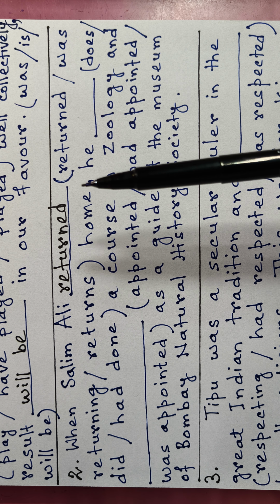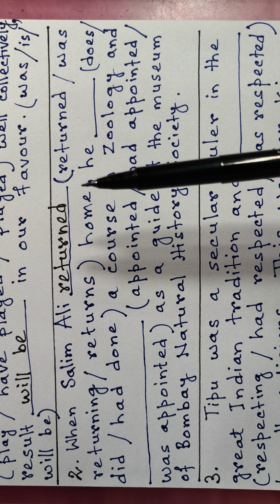appointed, had appointed, was appointed as a guide at the Museum of Bombay Natural History Society. Think. Appointed, had appointed, was appointed. And the correct option is was appointed. Here passive voice has been used.